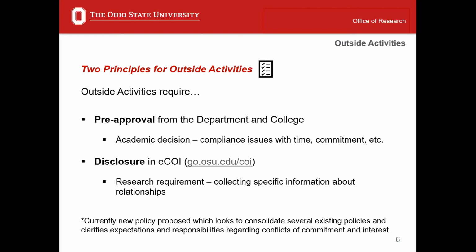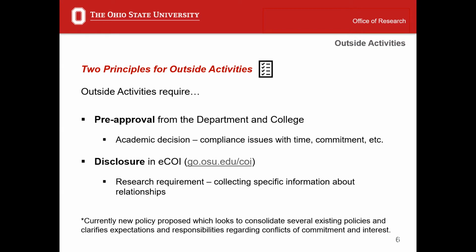The other part is sort of the federal requirement, which is disclosure in the university's ECOI application. And the link to the form is right here. So again, this is an NIH specific regulatory requirement where we as an institution need to collect specific information about outside activities, personal relationships, personal financial interests, or affiliations that faculty may have.